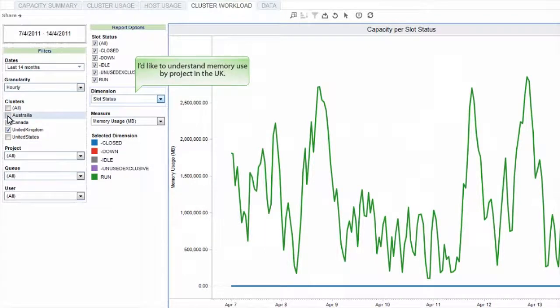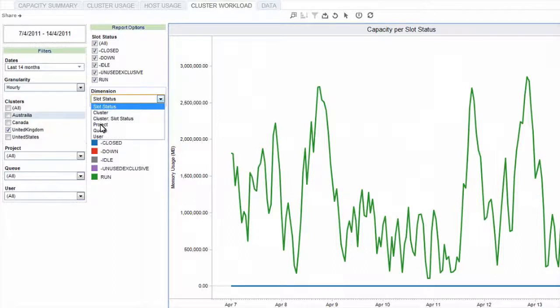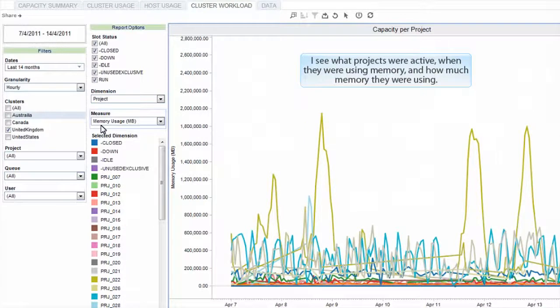I'd like to understand memory use by project in the UK. This view shows me what projects were active, when they were using memory, and relatively how much memory each was using.